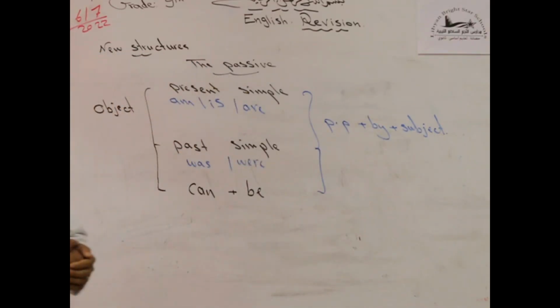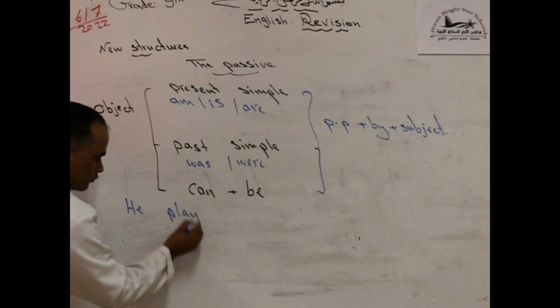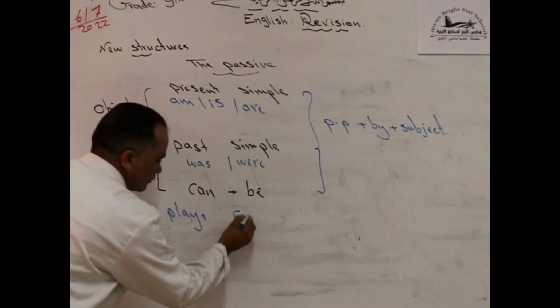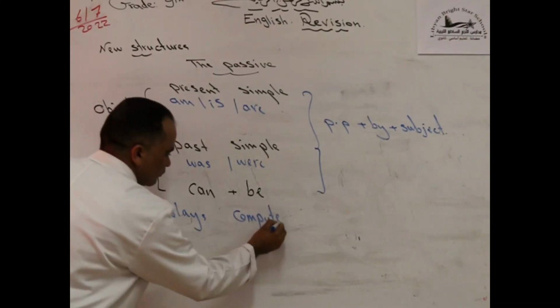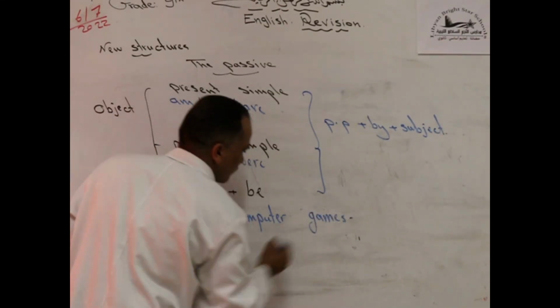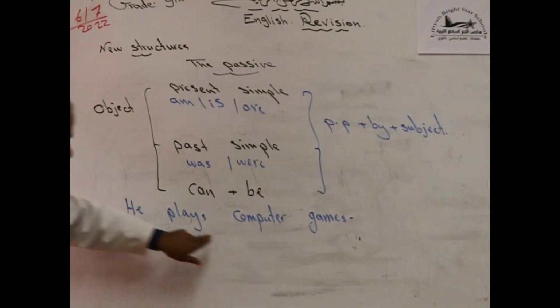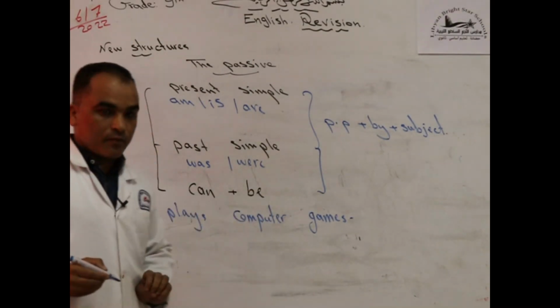To change the sentence from active to passive, we have a number of steps. As in this sentence, look here, he plays computer games.